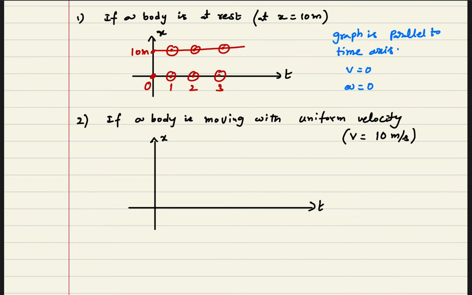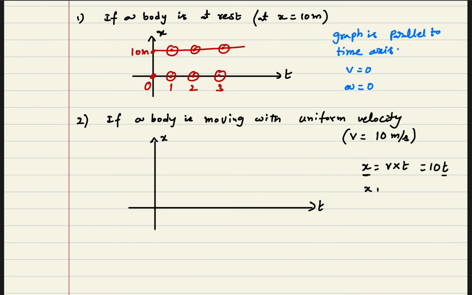This is my position along the y-axis, time is along the x-axis. Now if you observe these graphs, first you have to know the relation between position, time and velocity. We have x equal to velocity into time taken, so I get 10 into t.